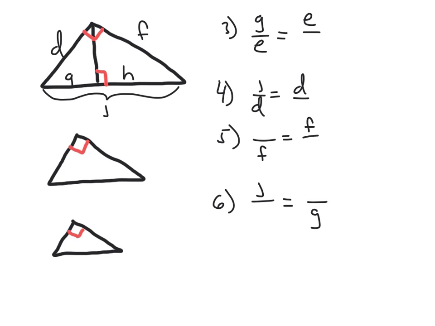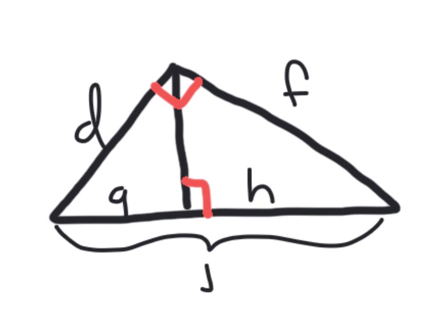So to do that, let's take a look at the top triangle first. Looking at that triangle, what you're going to want to do on every one of these problems, especially from this assignment, is pick one of the acute angles in the large right triangle. It doesn't matter which one.